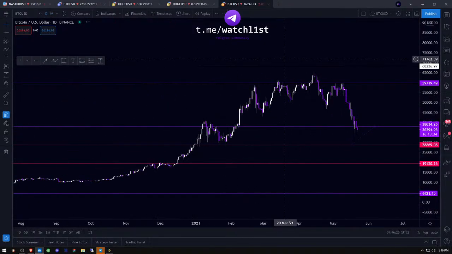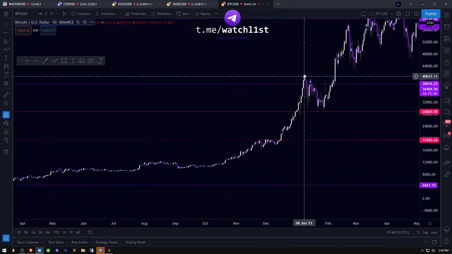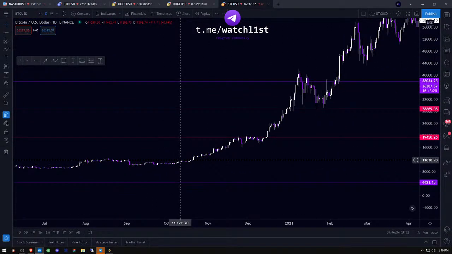So let's have a look at daily. Here on daily, we start seeing a little bit more noise. We start seeing a lot more wicks, a lot more jagged movement, the volatility in price.